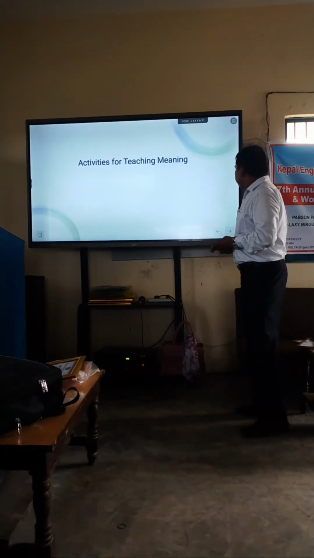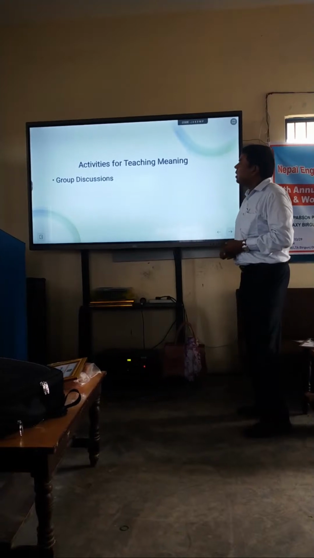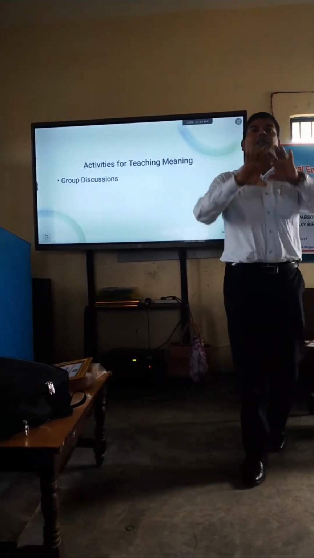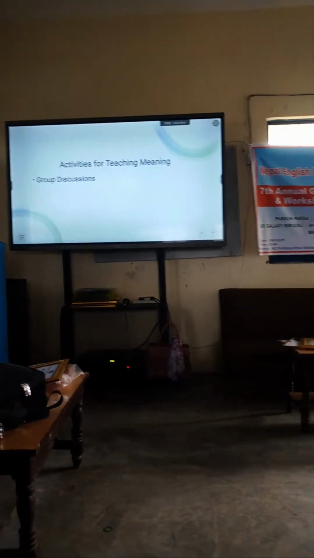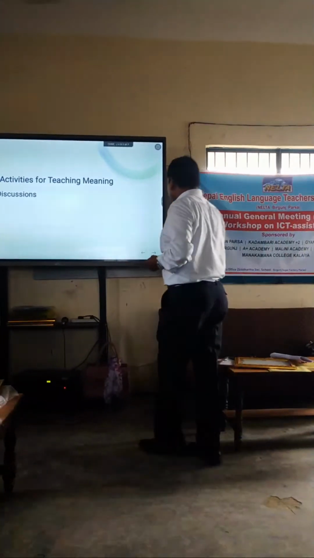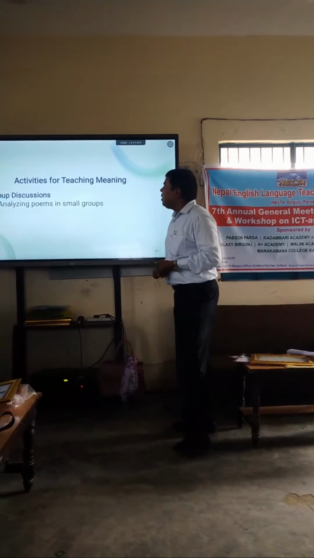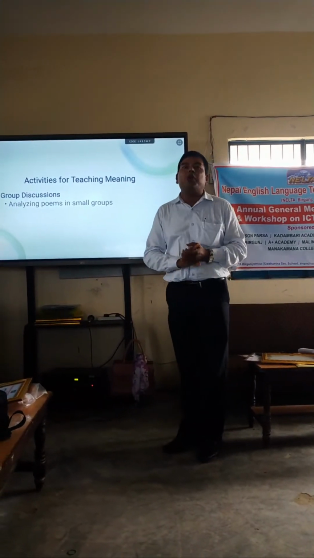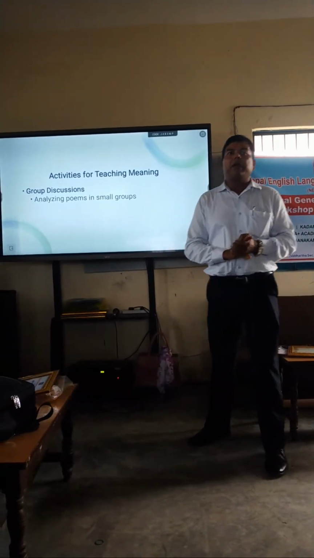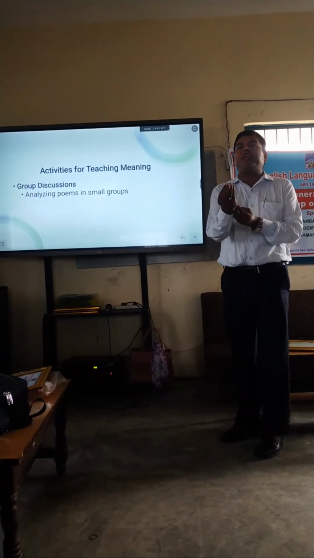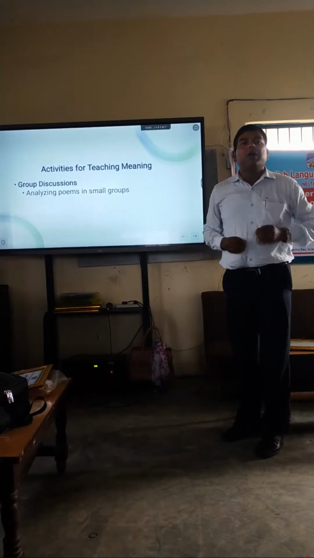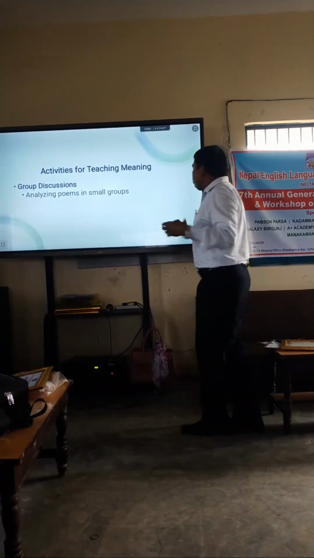Activities for teaching meaning. We must form groups among the students. They can discuss, group discussion. Analyzing poems in small groups. In the classroom, we form the group and they are given a single poem to analyze.